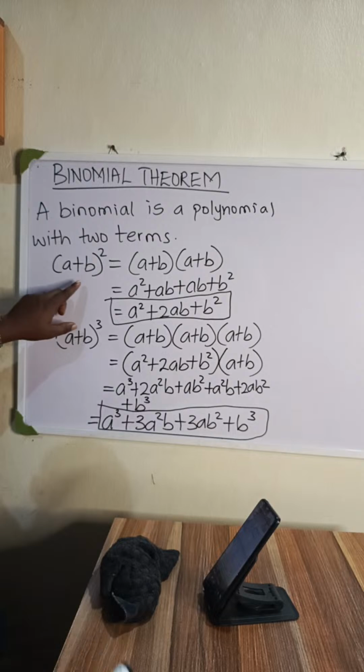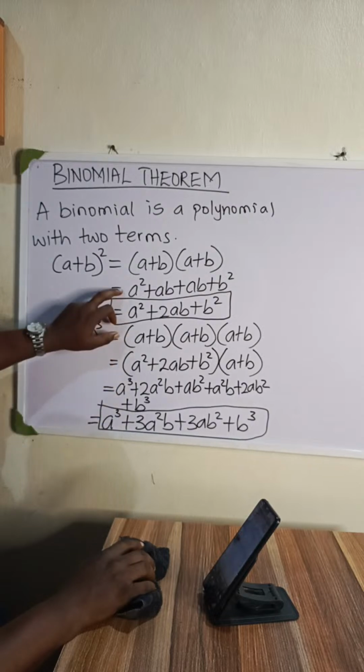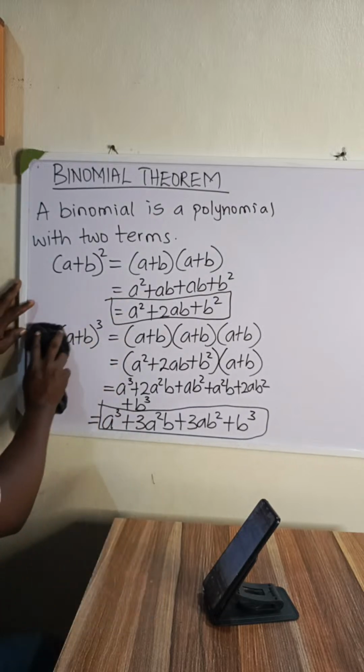Okay, so let's look at a situation where we have (a plus b) to the power of 4. Let's look at that. Hope you've taken note of this. Let's continue.